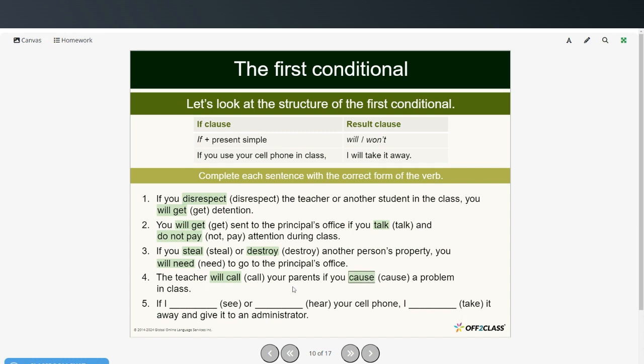So again, here's one where the if clause came second. If I see or hear your cell phone, I will take it away and give it to an administrator.